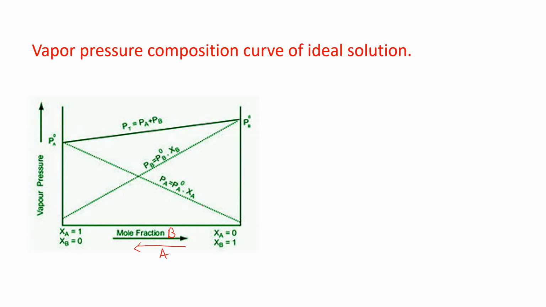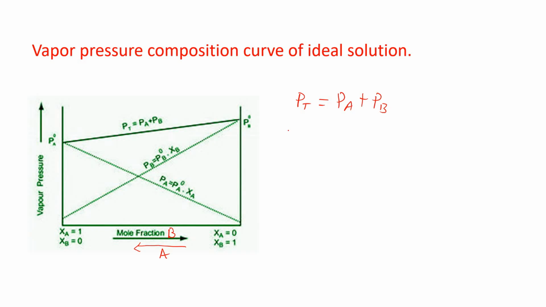When A is added, the solution is formed. This line indicates the partial vapor pressure of component A, and this line indicates the total vapor pressure of the solution, which is the sum of the partial vapor pressures of components A and B. So, total vapor pressure is equal to PA plus PB.